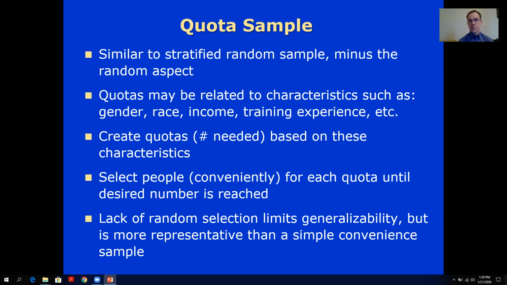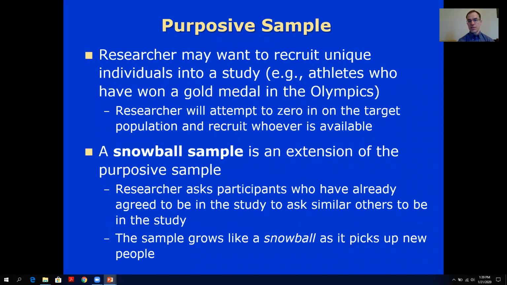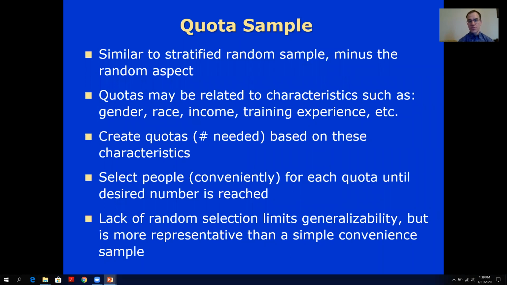Then you would select people conveniently for each quota until the desired number is reached. There's a lack of random selection to this, which can limit your generalizability, but it is more representative than a simple convenience sample. So there is some give and take and some decision making by the researcher in terms of what would be the best sampling.